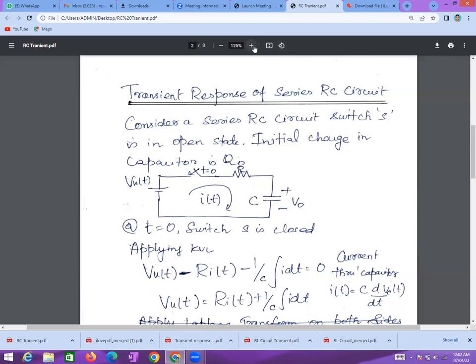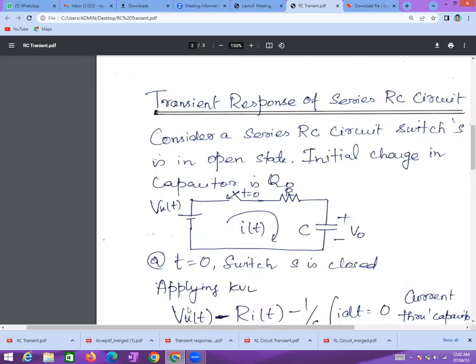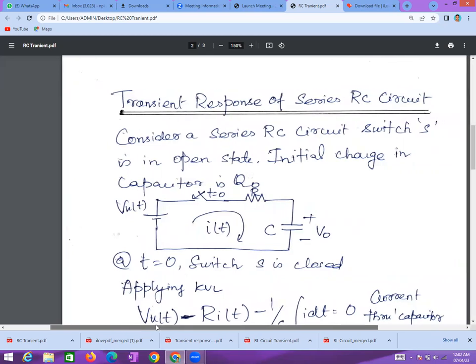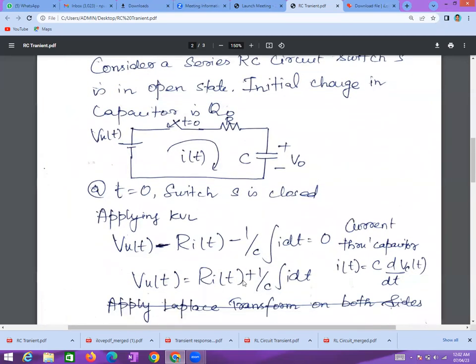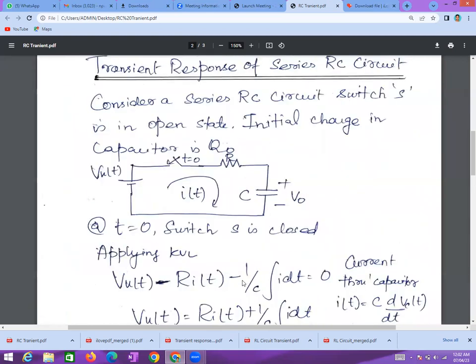Already we know that in a closed loop circuit, we need to apply Kirchhoff's voltage law to find out the current passing through each and every passive element in the circuit.